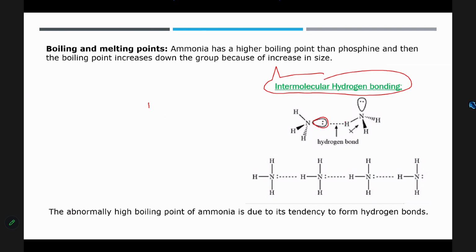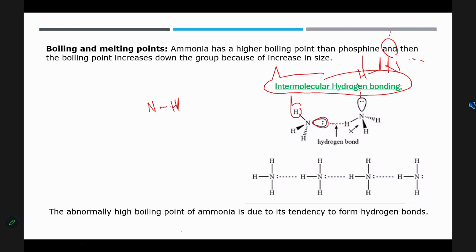So the hydrogen bond is the N-H bond. This H is not a typical H; it is the lone pair H. Then this lone pair has another bonding with this H, which is connected to another nitrogen. Like that, it has an extended hydrogen bonding.